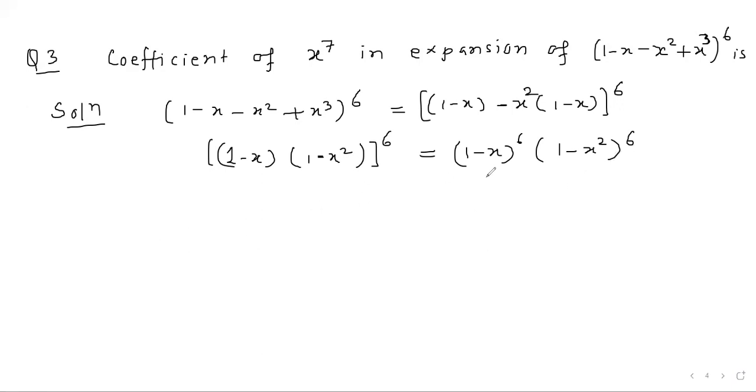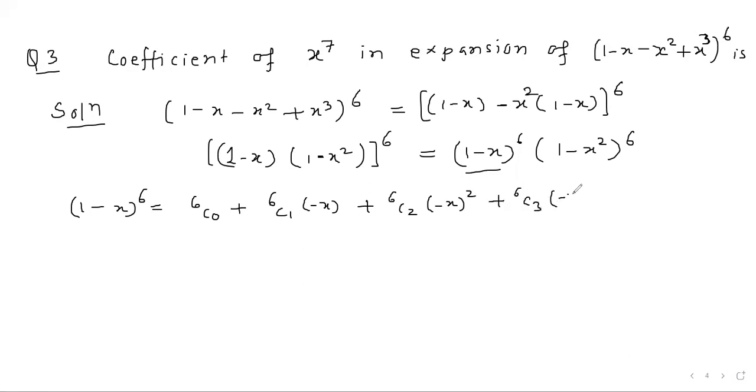So we can expand the two separately. So (1 minus x) power 6 will become 6c0 plus 6c1 minus x, 6c2 minus x whole square, 6c3 minus x power 3, 6c4 minus x power 4.